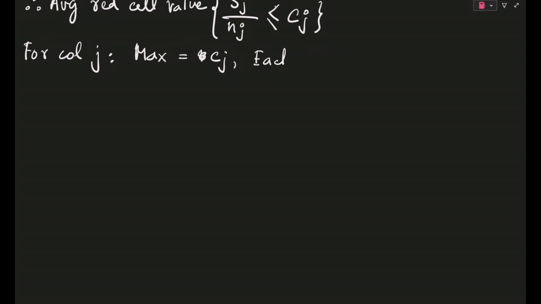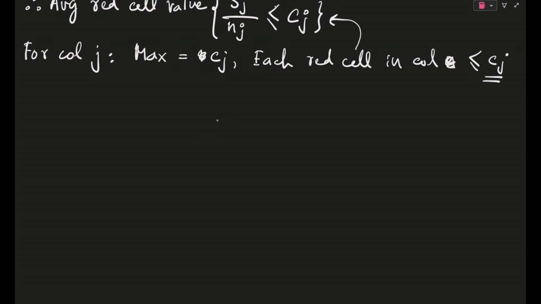Now each red cell in column, okay, n is an arbitrary column, it will always be less than or equal to Cj. Now listen carefully. Each red cell in the column is less than or equal to Cj. So that average, I hope I wrote a continuation of this only.